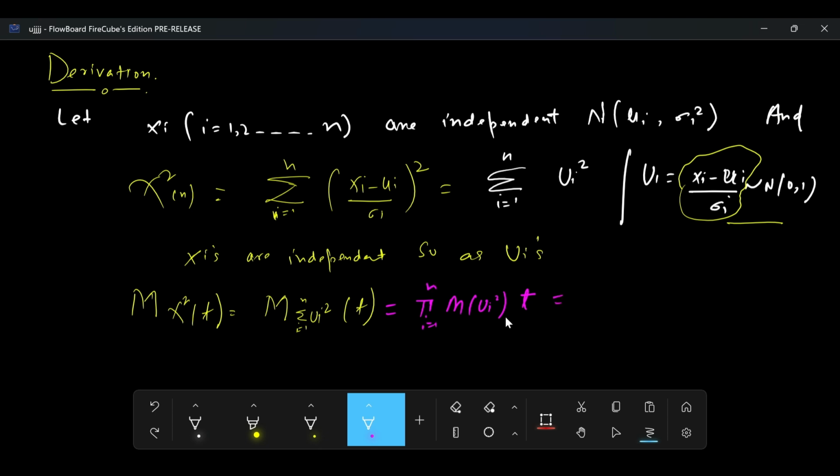Or can I write this as m ui square t raised to the power n? How is this correct? See, chi-square n is equal to this, as you know, right? So in place of this, can we write this as u1 square plus u2 square plus u3 square up to un square, t?